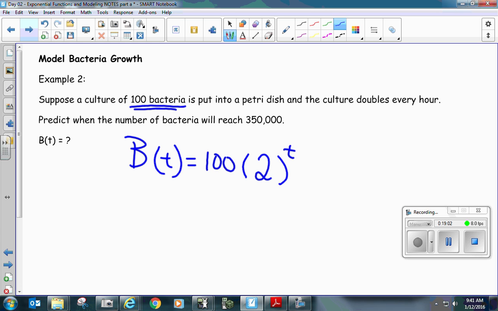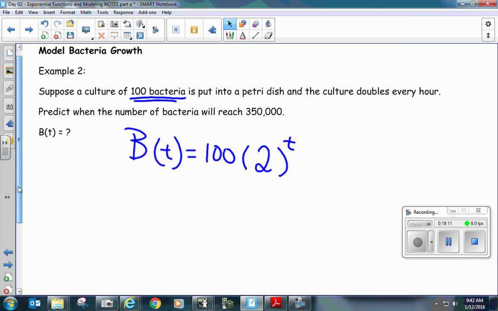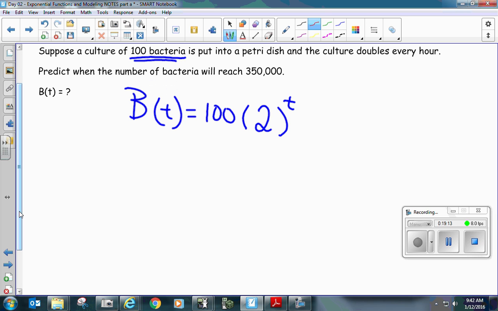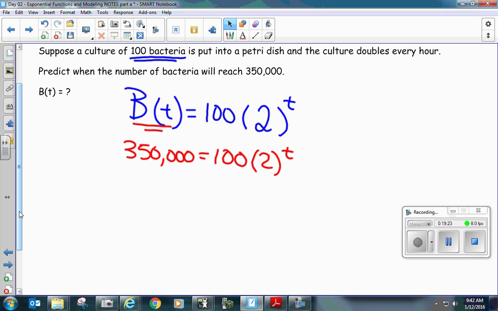And if it doubles, you have to add another 100% to it. So 1 plus 2... Okay. So if this is our equation, they want to know when the bacteria is going to be 350,000. If this is our bacteria, they want to know when that's going to hit 350,000. I'm going to use a calculator to figure that out.